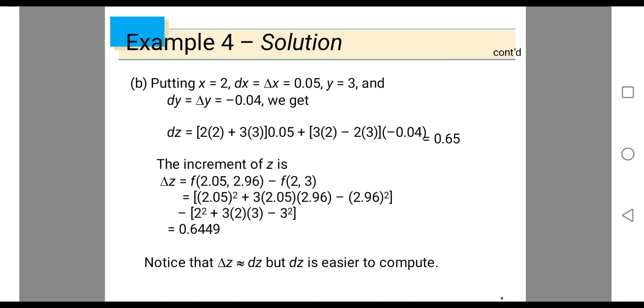So the increment of z, delta z, is equal to f of 2.05, 2.96 minus f of 2, 3, right? Again, plugging in the values and simplifying them.